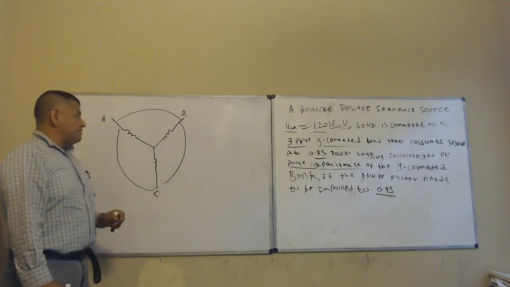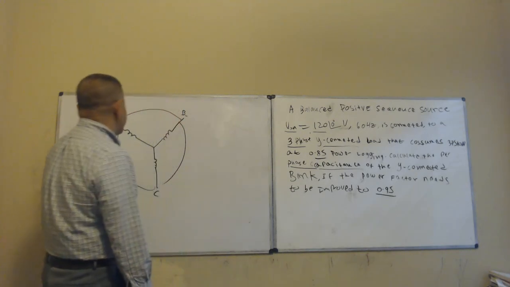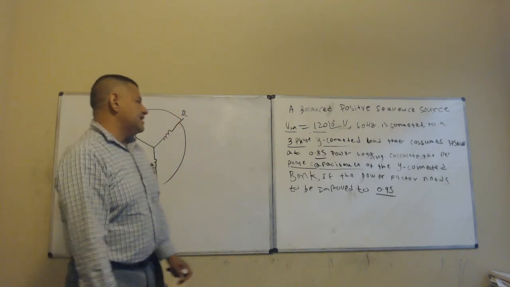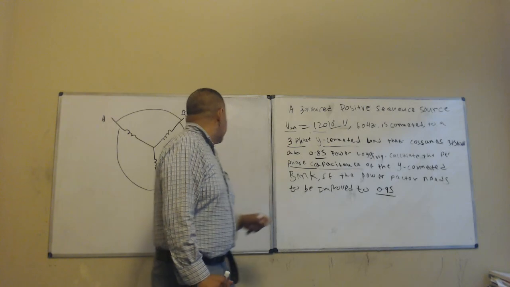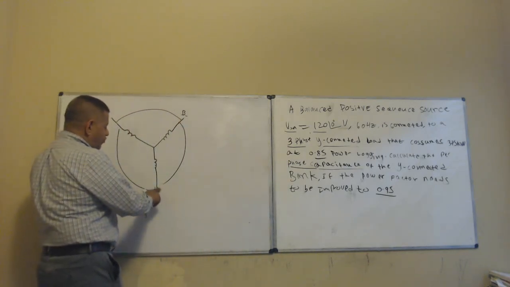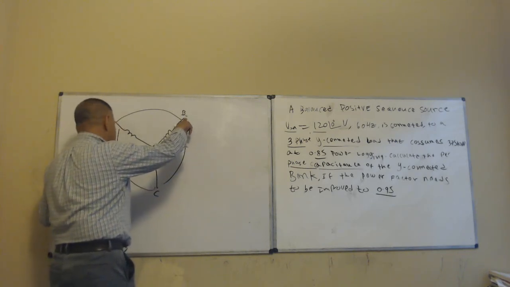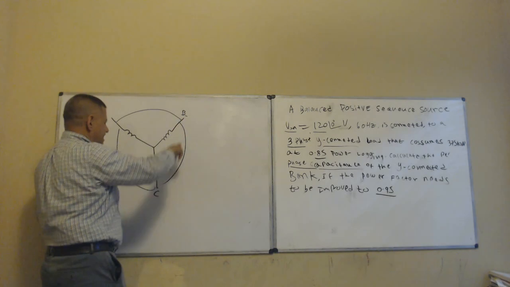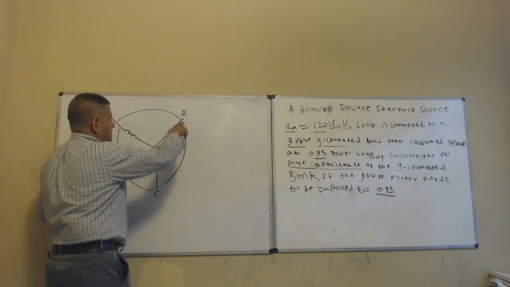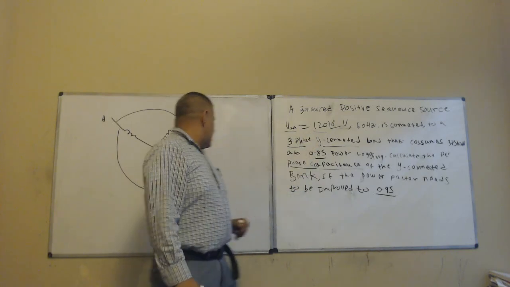Now, something very important to understand here is that they're telling us it's a Y-connected system. The voltage between the lines is going to be greater than the voltage to the middle.